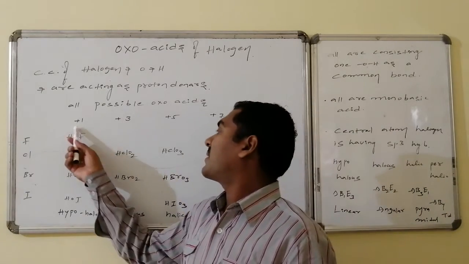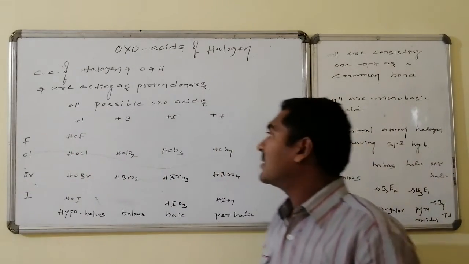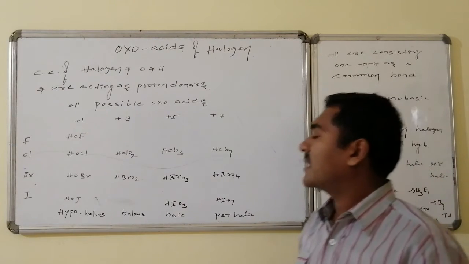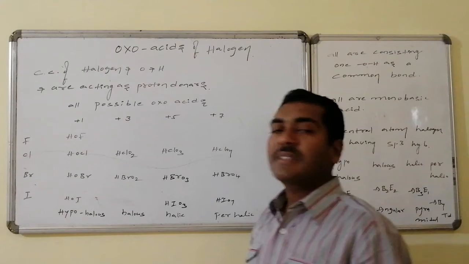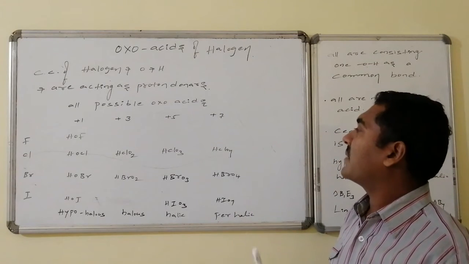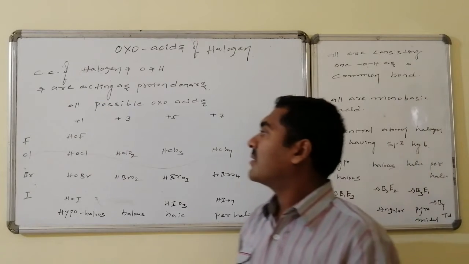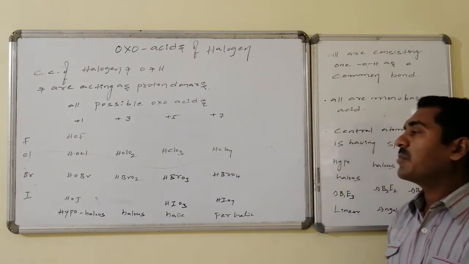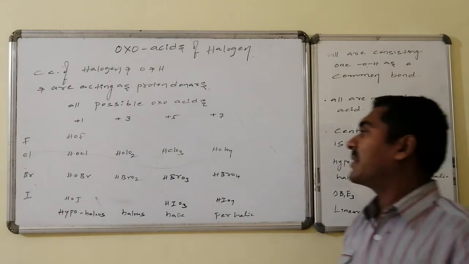It may be +1 oxidation state, +3 state, similarly +5 state as well as +7 state. Thus, the oxidation states of the central atom halogen are +1, +3, +5, +7, and the corresponding halogen acids are fluorine related, bromine related as well as iodine related.